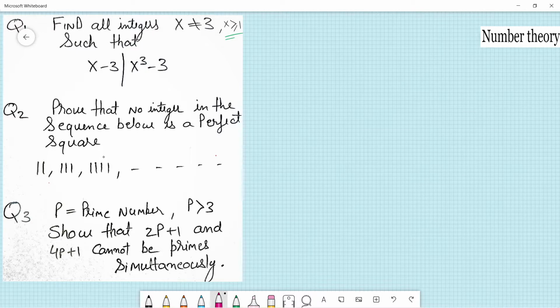So we see all numbers in this sequence are of this form: 1, 11, 111, then 1111. Even if we show that this is not a perfect square, this is not a perfect square, this is not a perfect square, and even this number is not a perfect square, but how far down the line, for how many numbers in this sequence will you show that those are not perfect squares?